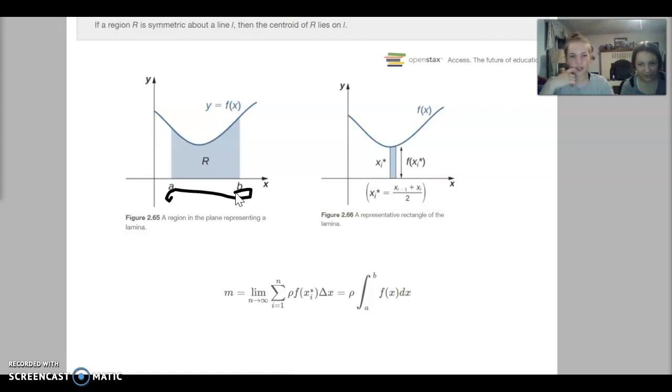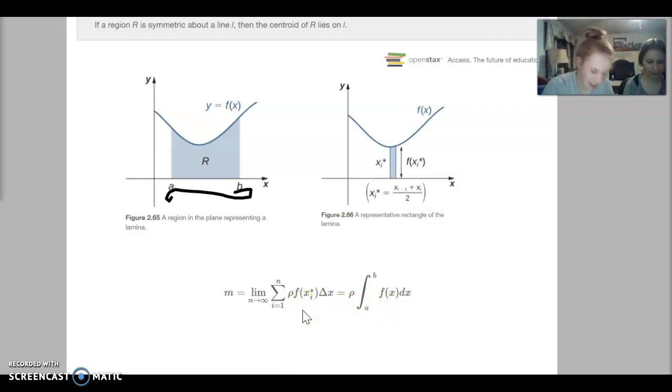Okay, so I don't know what's next. We still haven't found M. M equals the limit of this. Maybe we should rewrite our sentence. We need to simplify it. So, yeah, let's simplify it. Okay, let me see this.